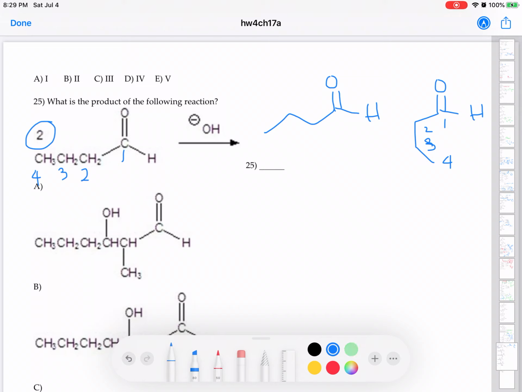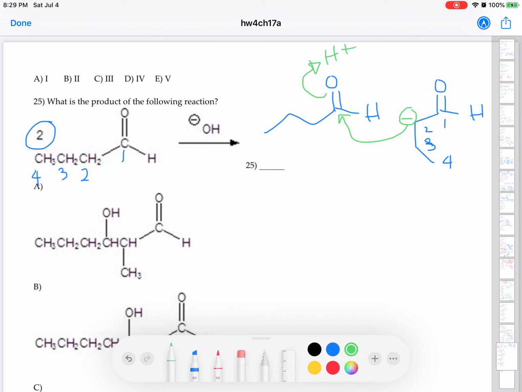Remember how the aldol is going to work? So one of the aldehydes, the alpha carbon, with the hydroxide, the base removing a proton, forms the enolate, and this is going to react with the carbonyl carbon of the other aldehyde, and now this will become an alcohol.